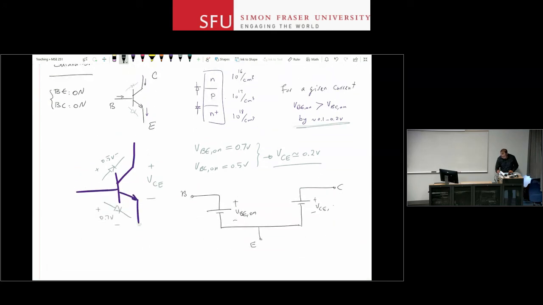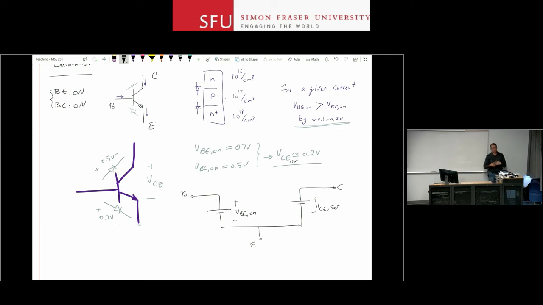That number is either given to you, or you can look it up from a data sheet, or it's just the difference between the turn-on voltage of the base-emitter and base-collector diodes. So instead of that transistor, if I notice that the device is in saturation region, I use this model, put it inside my transistor in the circuit, and solve the circuit.